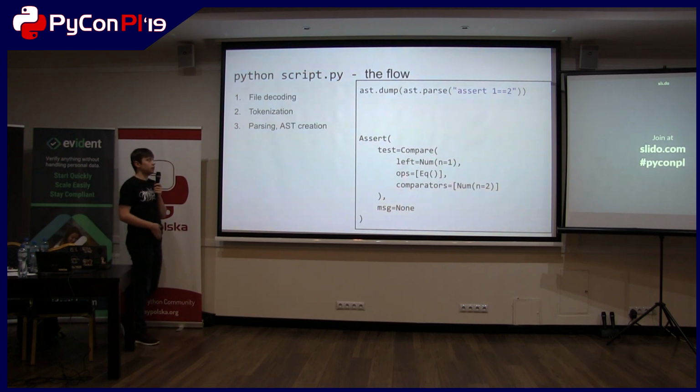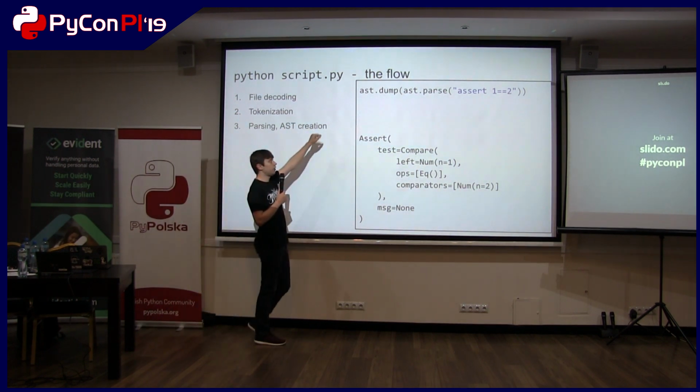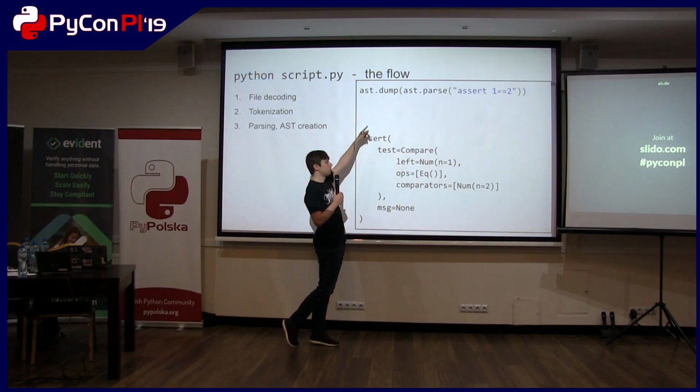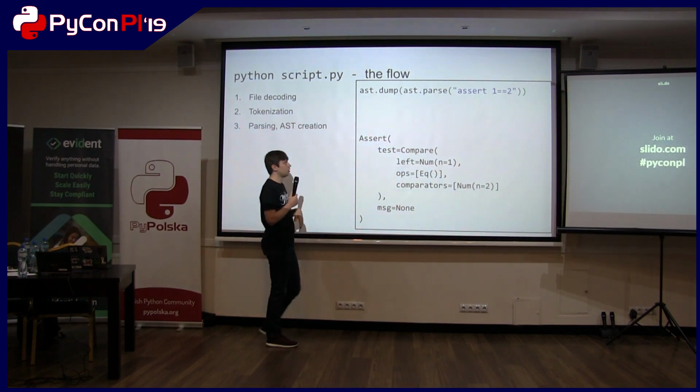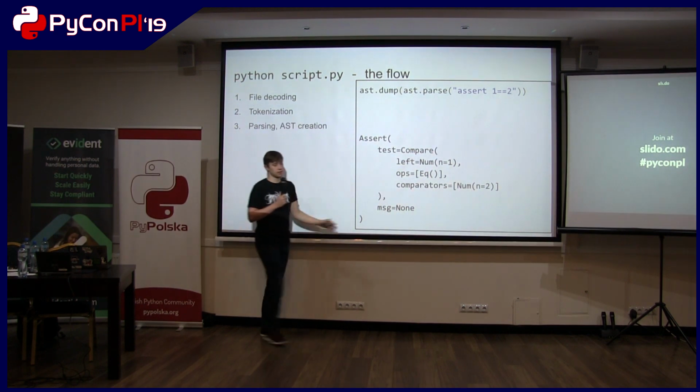AST is abstract syntax tree, and there is an ast built-in library which you can use to parse some code. Then you can dump the abstract syntax tree, and for a simple assert 1 equals 2, it looks like this.